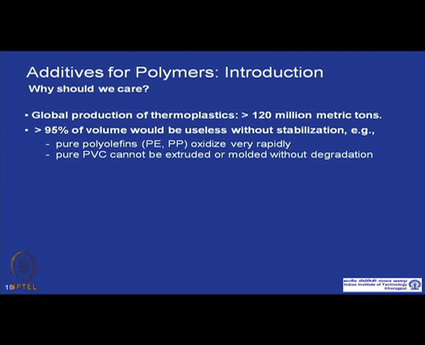Pure PVC cannot be extruded and molded at its processing temperature without degradation. So, if we do not add additives for stabilization, then the polyvinyl chloride part we get out of the mold will have very poor mechanical properties, which are not useful for a particular application. So, we require stabilization to have these polymers applicable in the applications where they are currently used.